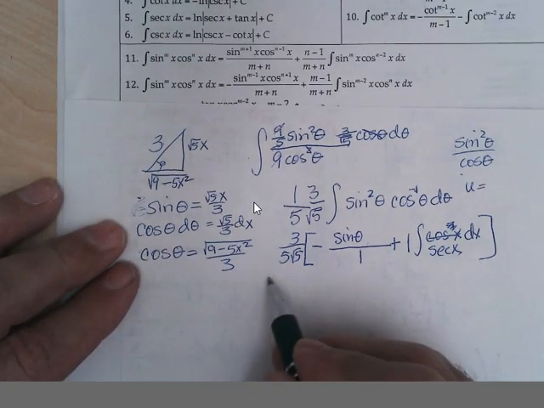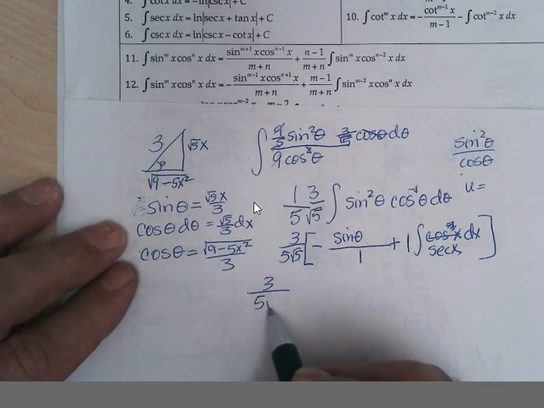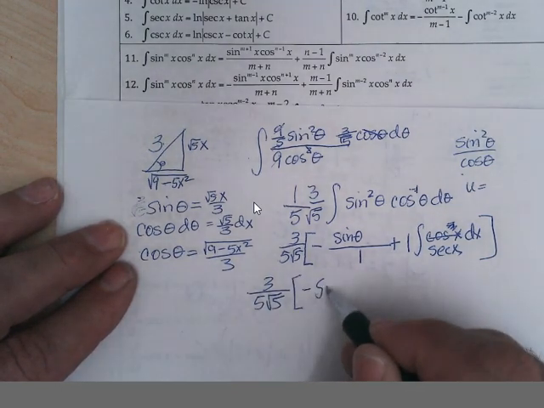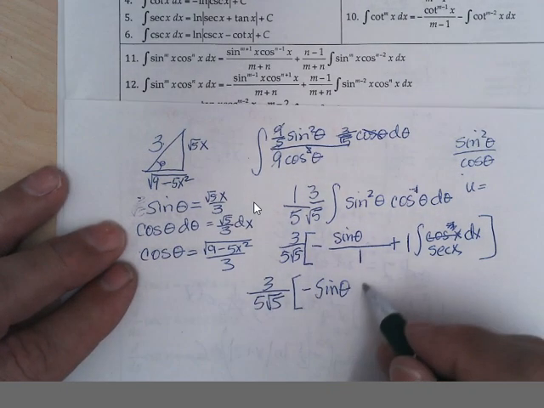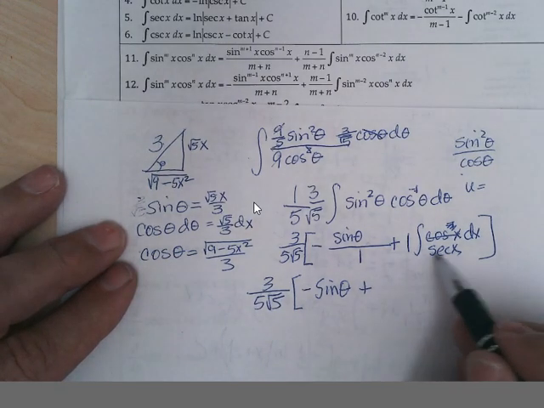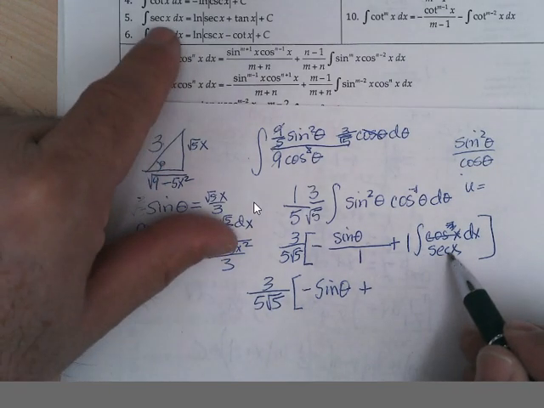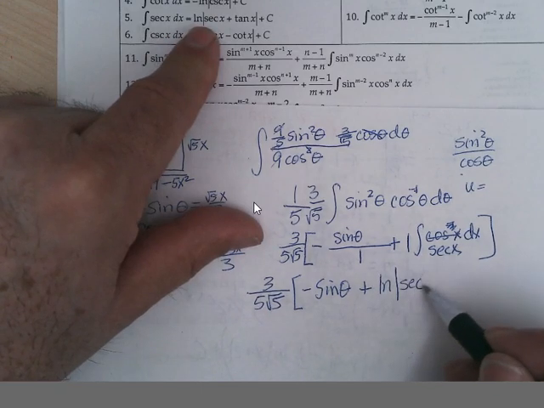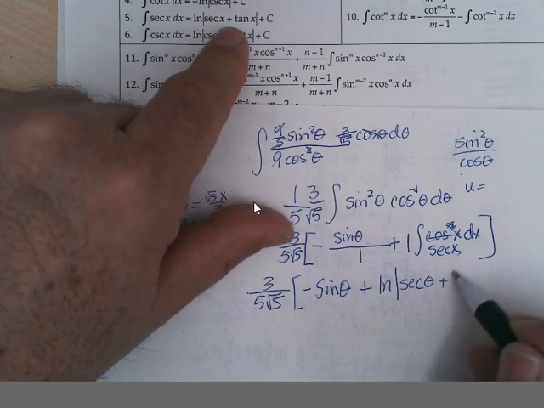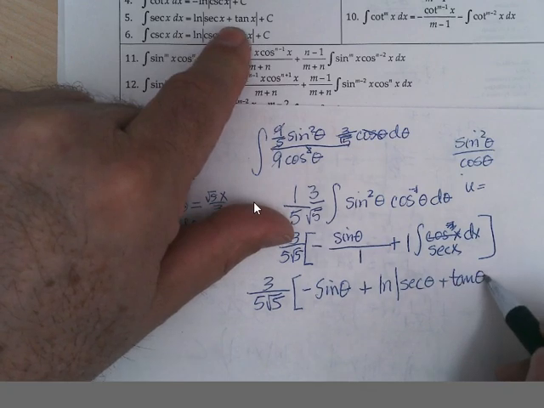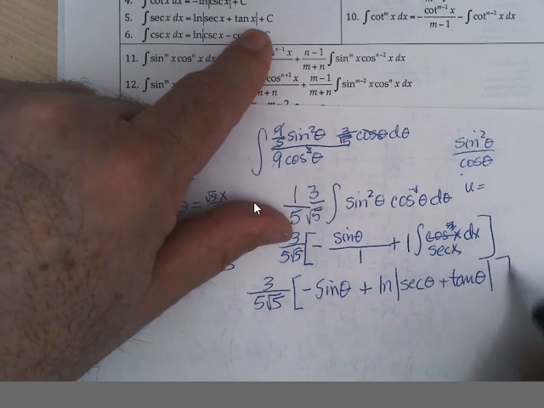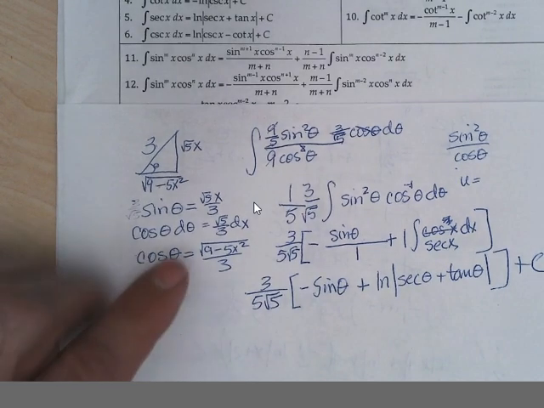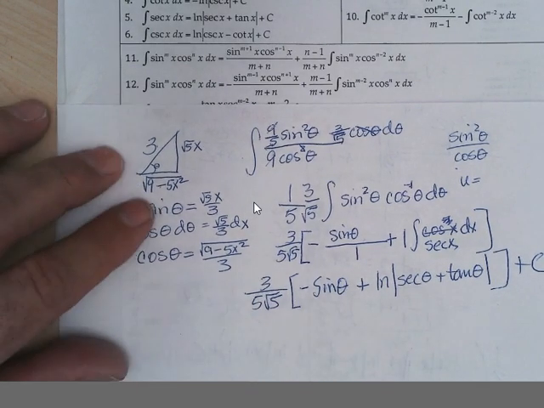So this will become 3 over 5 square root of 5 negative sine theta plus the integral of secant theta, which is ln secant theta plus tangent theta plus c. And now we can go back and change these using our triangle.